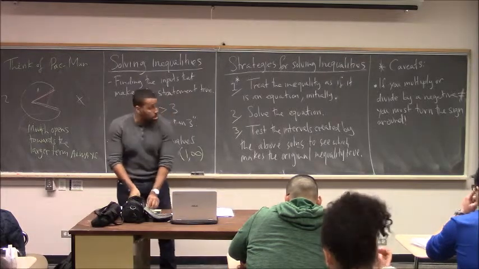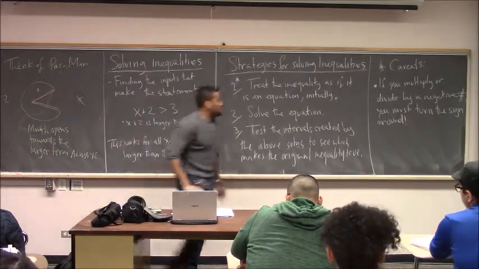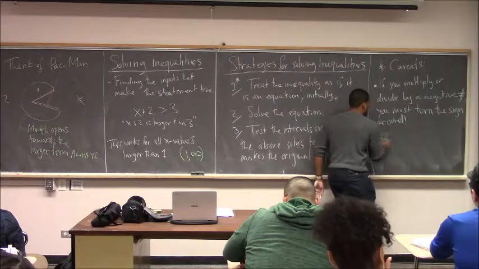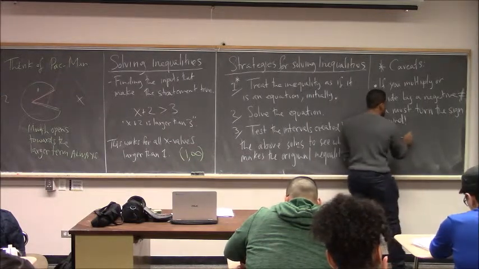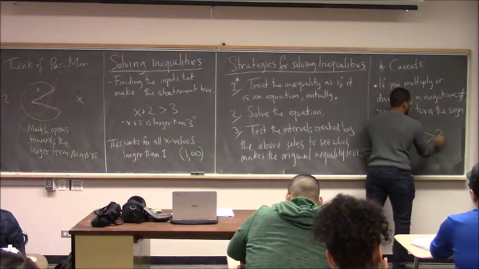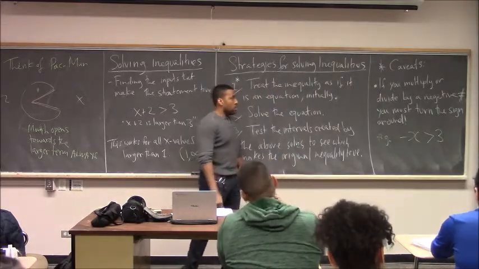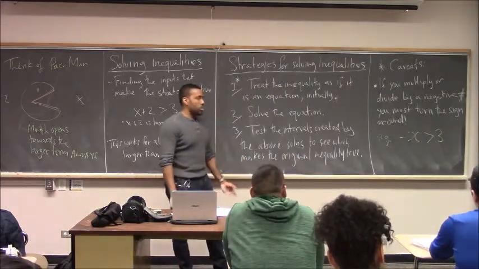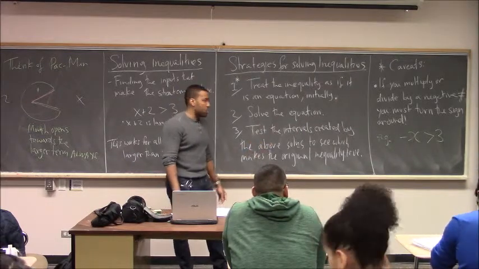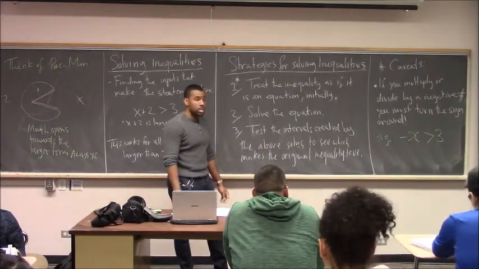So if we have something like, for example, minus x is bigger than 3, and you want to talk about what the x values are, treating that as an equation, you would obviously want to divide both sides by -1 or multiply by -1, as the case may be.